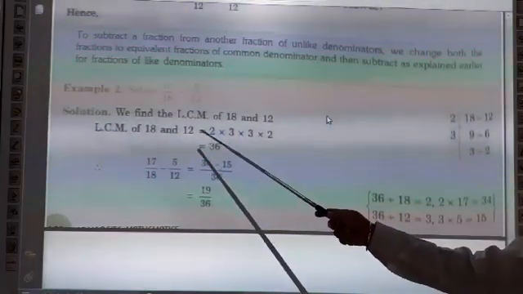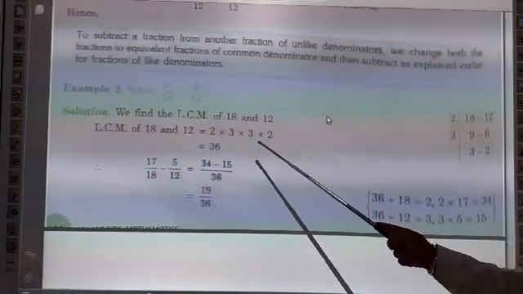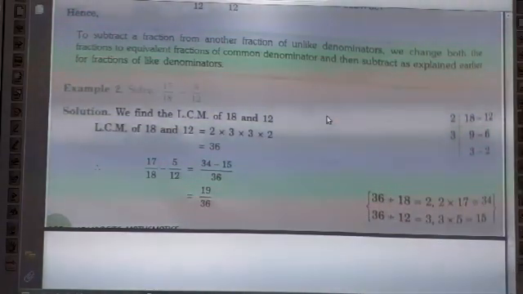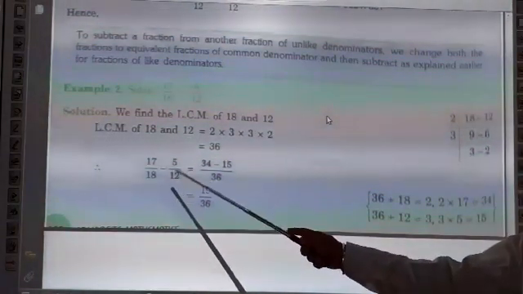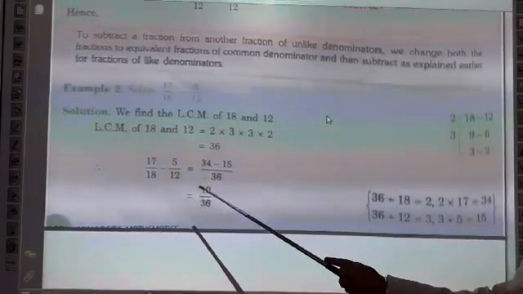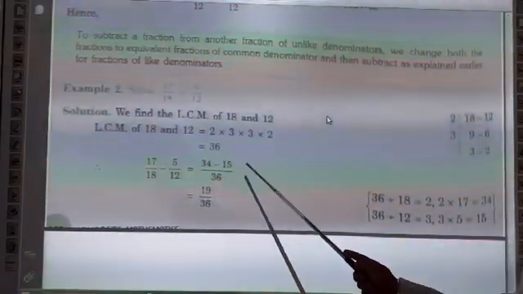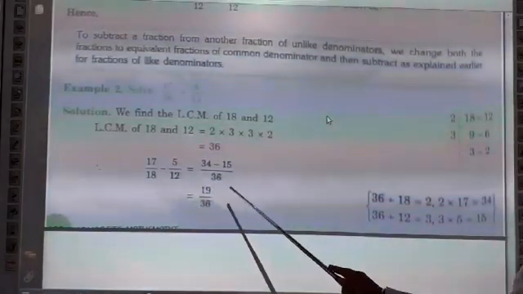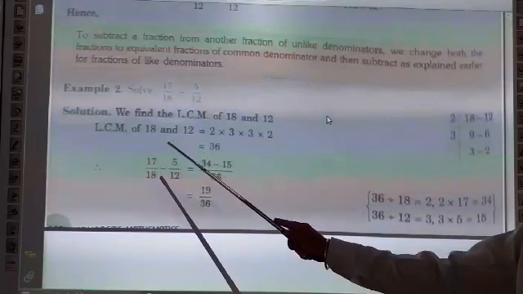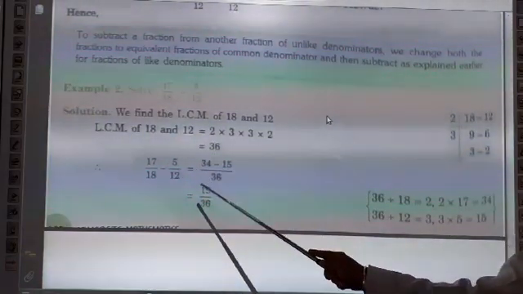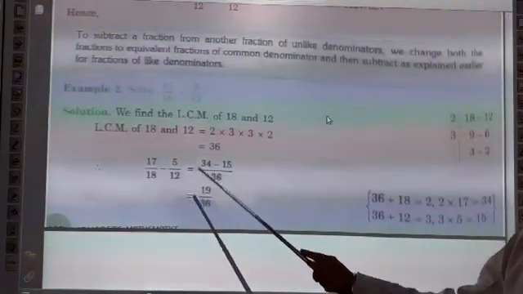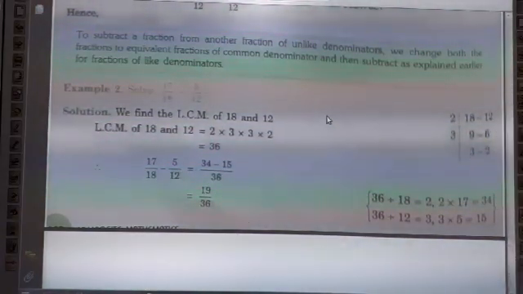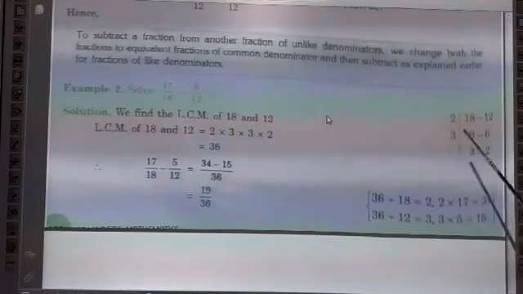LCM of 18 and 12 is equal to 2 multiply 3 multiply 3 multiply 2, which is equal to 36. 17 upon 18 minus 5 upon 12 is equal to 34 minus 15 upon 36, because LCM is 36. 18 2s are 36 and 17 2s are 34. 12 3s are 36 and 5 3s are 15. 34 minus 15 is equal to 19 upon 36.